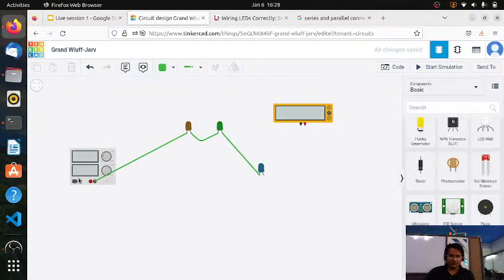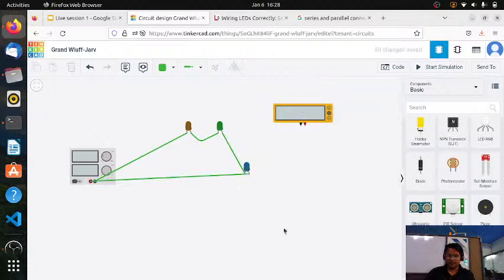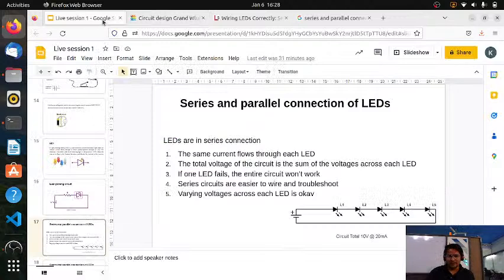And one more condition can happen. If one LED is fused, then the others are not going to work. In that situation, you have to replace that one LED, then the others will work. Otherwise, it will not work. So that is the problem in series connection. If any one of the LEDs is fused or damaged, then none of the LEDs will work.